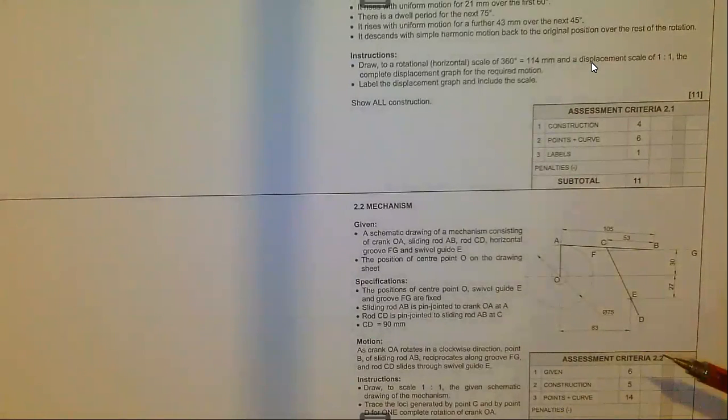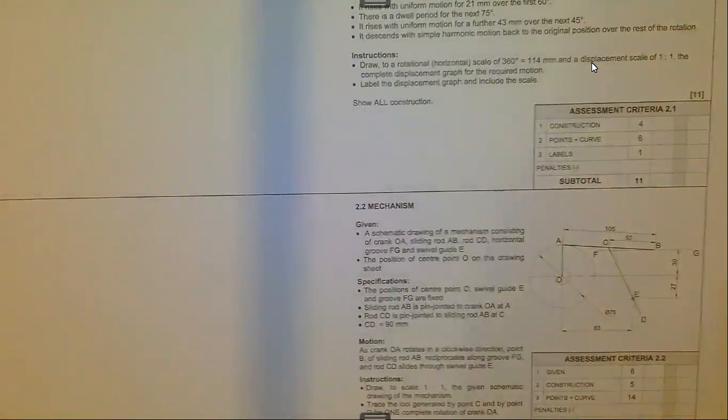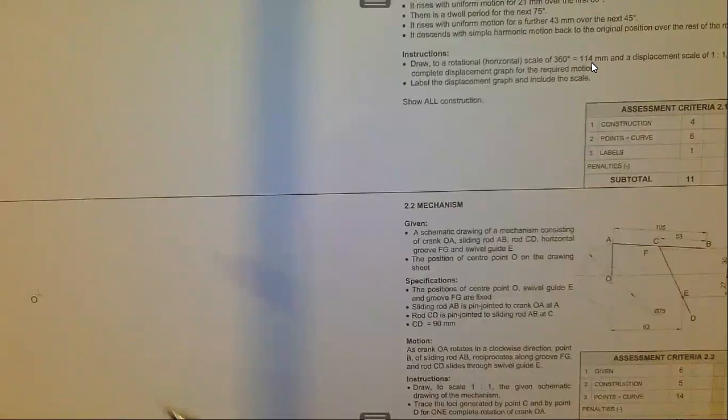Then the swivel guide E, this would guide the movement of C to D, which is that point E. The position of center point O on the drawing paper, we have got that position. So what is it that we are expected to do?